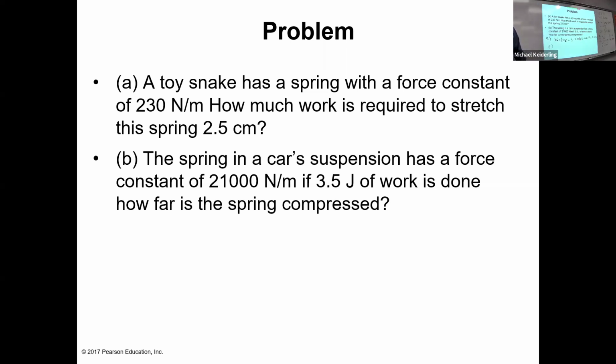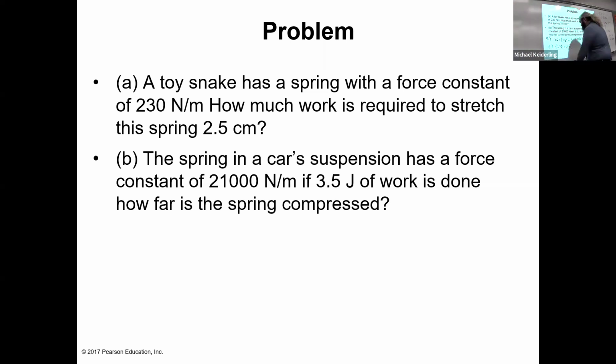So same equation, but here you end up with x squared equals 2 times work over k. So x equals the square root of 2 times work over k. And then you can just plug in the numbers.